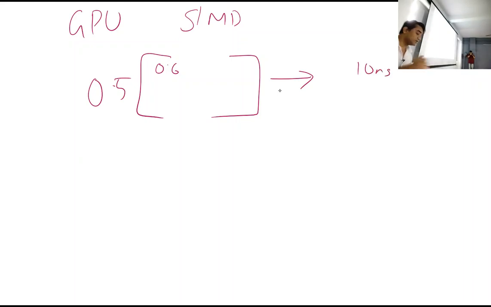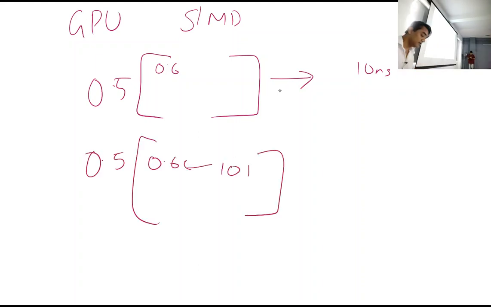Now you take the same GPU and add 0.6, but to, let's say, 10 billion of them. That is what the RAM of the GPU can support. How much time do you think it's going to take? Same time. 10 nanoseconds.